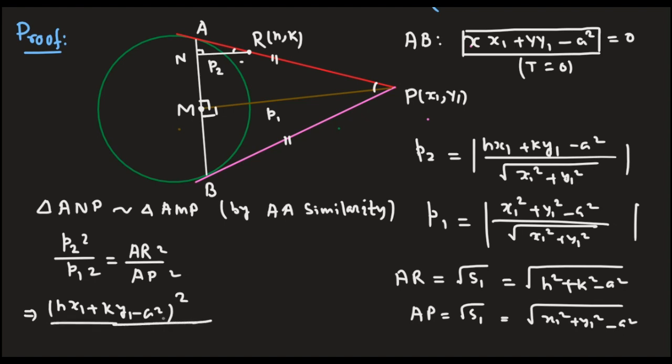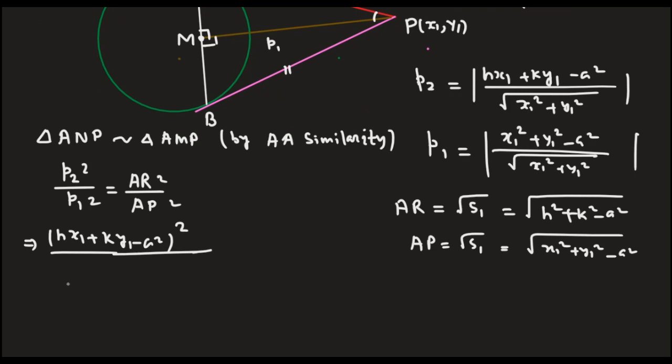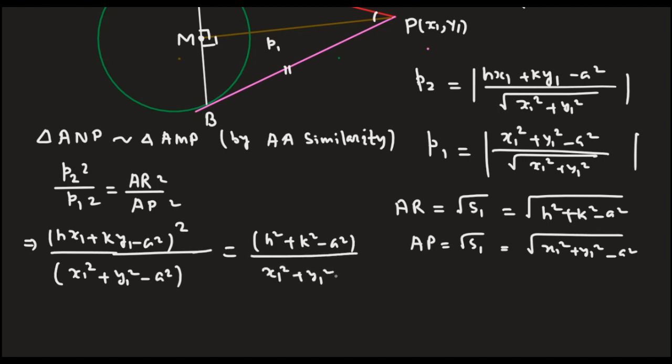This term cancels out from the denominator, so no need to write. Now coming to the P1 value, which is x1 square plus y1 square minus a square. The AR value squared is h square plus k square minus a square. When you square, one term cancels from the denominator, so only one remains.